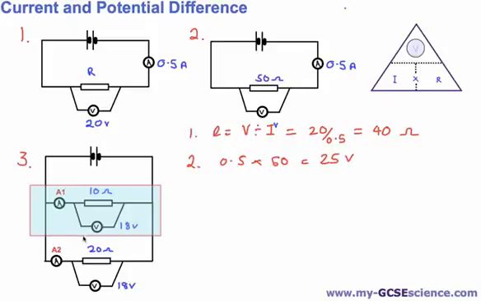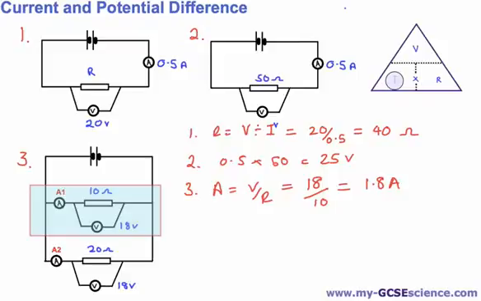We want the current, so we use our formula triangle, cover up current there, and we know therefore that current is voltage divided by resistance. So for part A, working out A1 equals voltage divided by resistance equals 18 divided by 10, and therefore the answer is 1.8, and don't forget the units, amps.